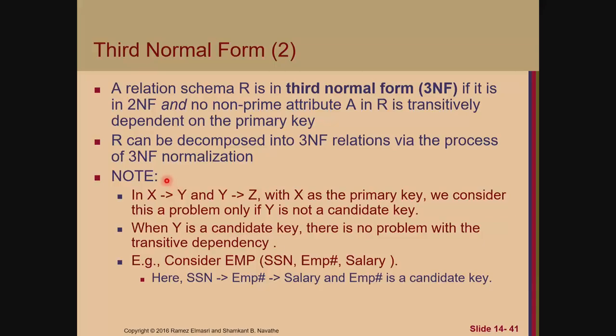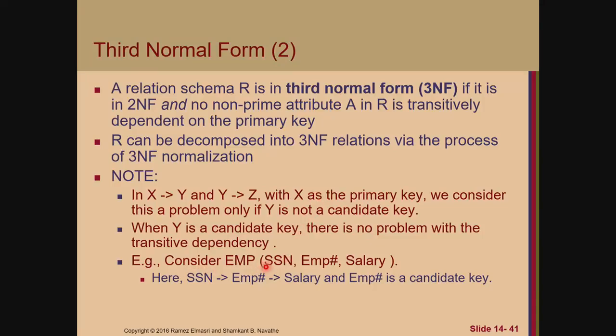For example, student ID determine SSN, and SSN determines student name. We do not count it as the problem, okay? And we don't have to separate SSN and student ID to be the other tables.